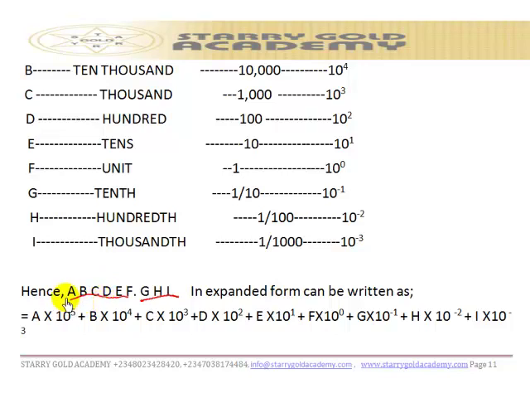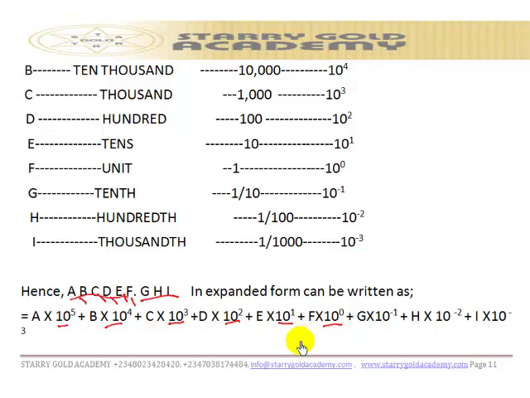Then I'm going to have A times 10 raised power 5, B times 10 raised power 4, C times 10 raised power 3, D times 10 raised power 2, E times 10 raised power 1, F times 10 raised power 0.